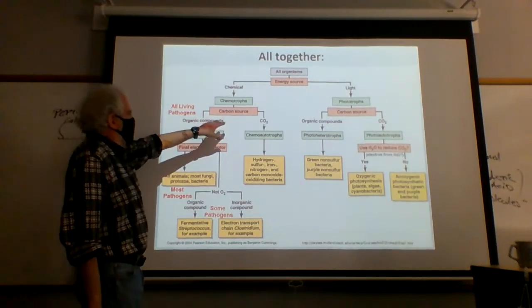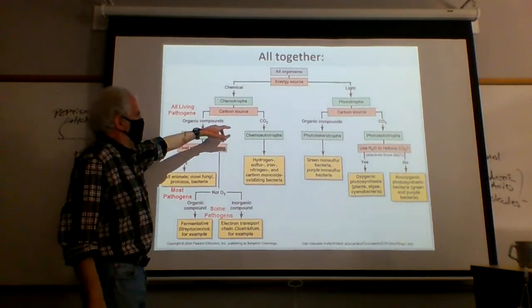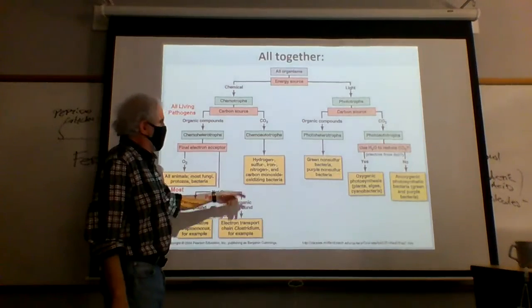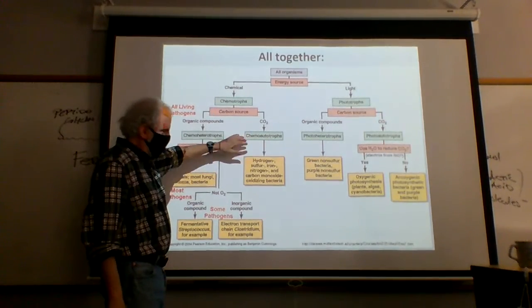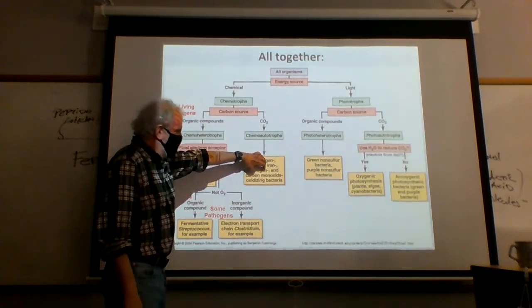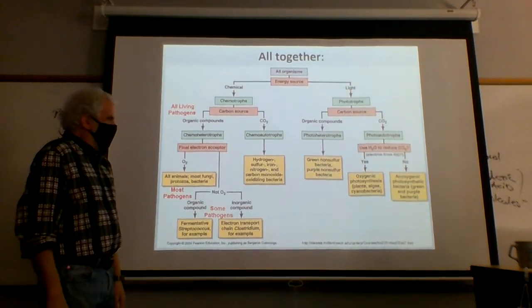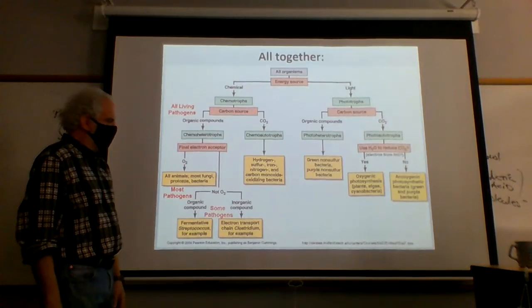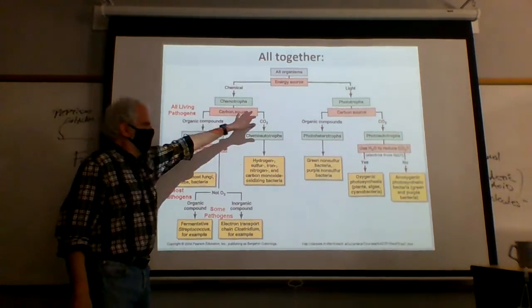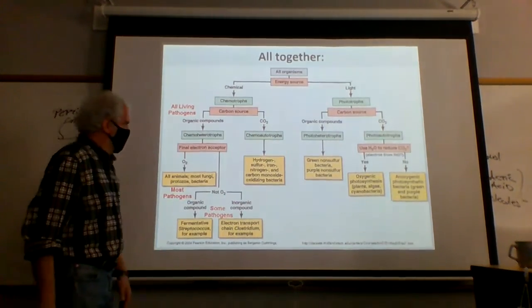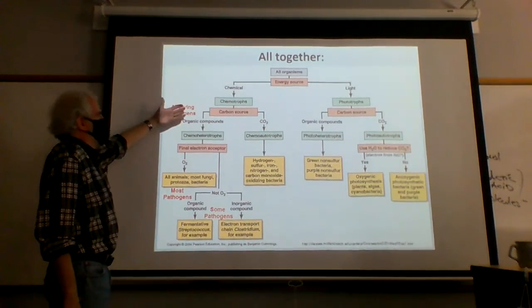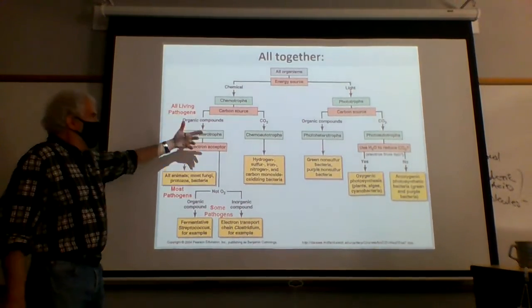You've got guys where the carbon source is carbon dioxide. These are the chemoautotrophs, and they are using a variety of different kinds of molecules as their final electron acceptor. But again, not pathogenic, so we don't have to worry about them. We've got these guys, chemoheterotrophs. They actually are pretty similar to us.